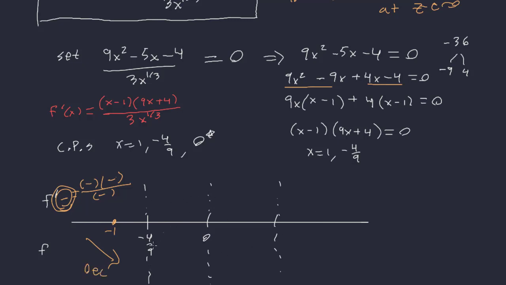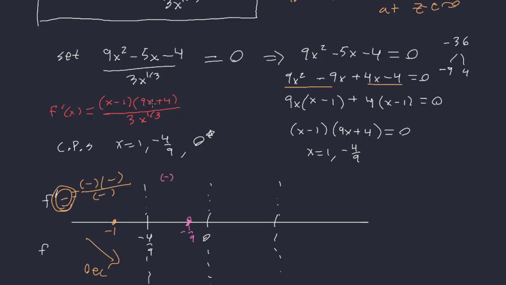Okay. So then, for the next region, this one's not going to be as nice, but something between 0 and negative 4/9, we could always just pick negative 1/9. Okay, nothing wrong with that. When we plug in negative 1/9, negative 1/9 minus 1, that's negative. Okay.